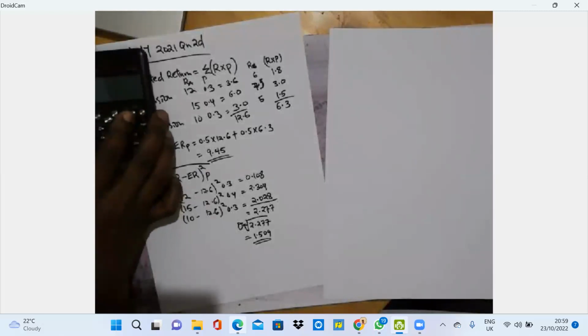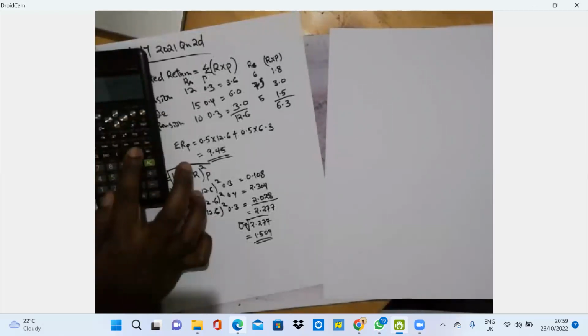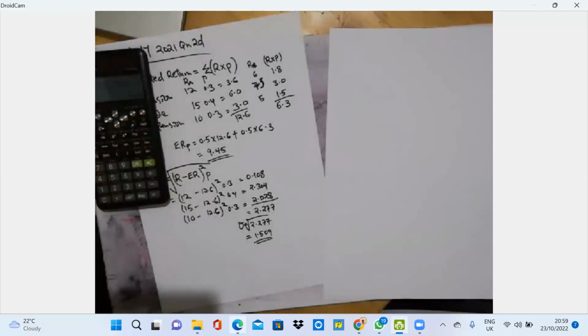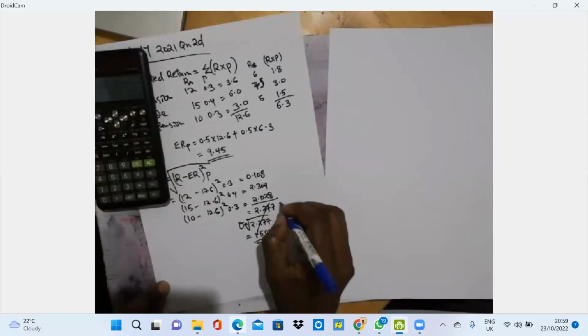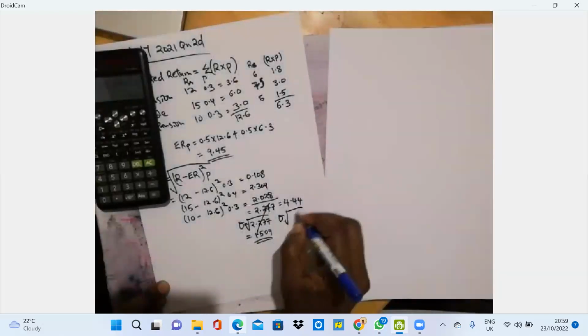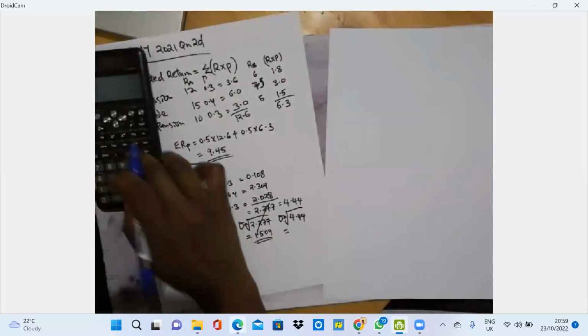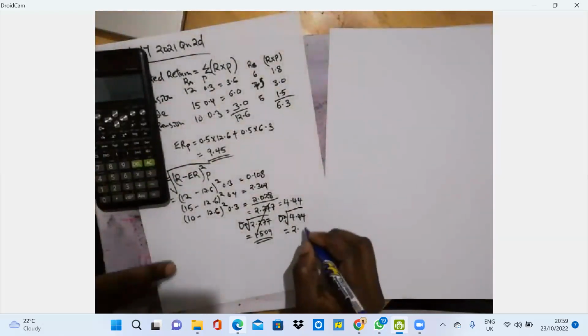So this is 2.028 plus 2.304 plus 0.108, and my total here was not correct. It is 4.44. Then to get our standard deviation, we take the square root of the answer, which is 2.11.